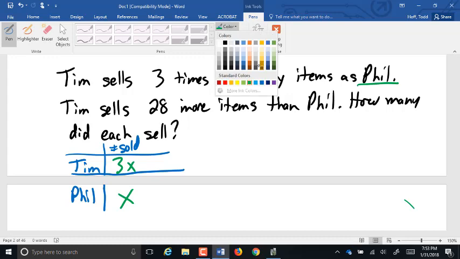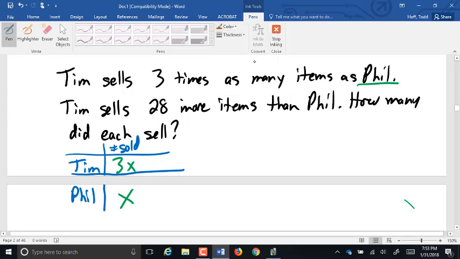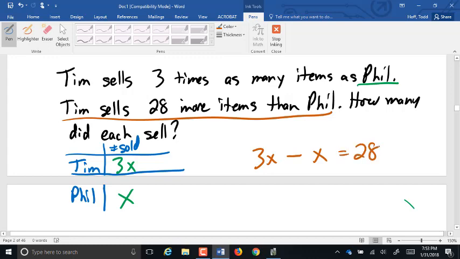So we know that those two add up to, they don't add up in this one. What's the difference there? Tim sold 28 more. That means we're doing a difference. Tim's minus Phil's is 28. So we have 3x minus x equals 28.